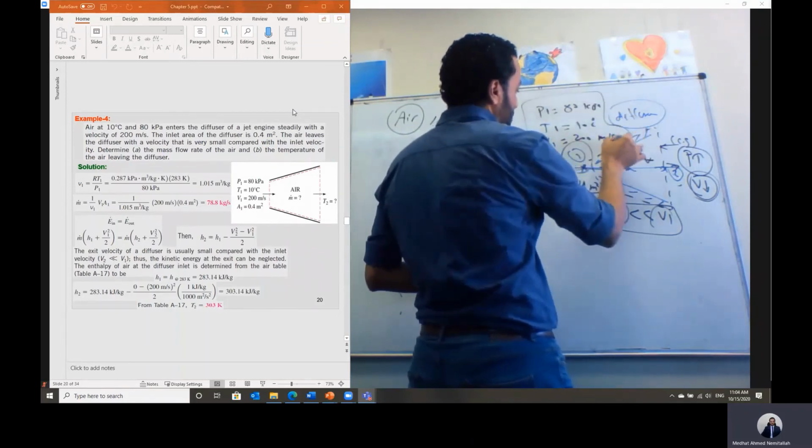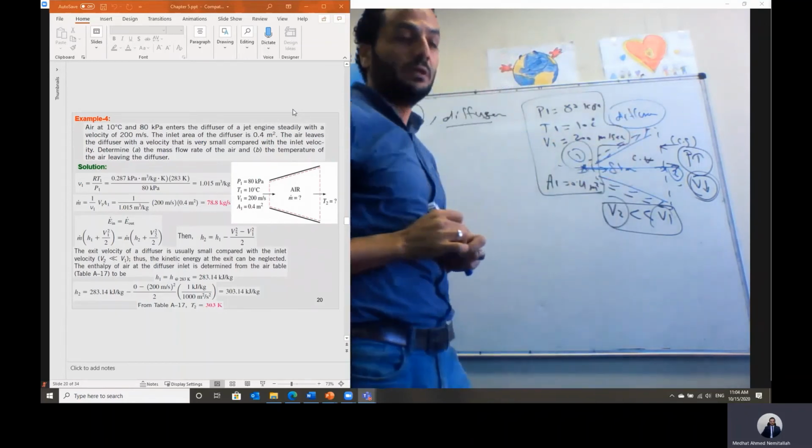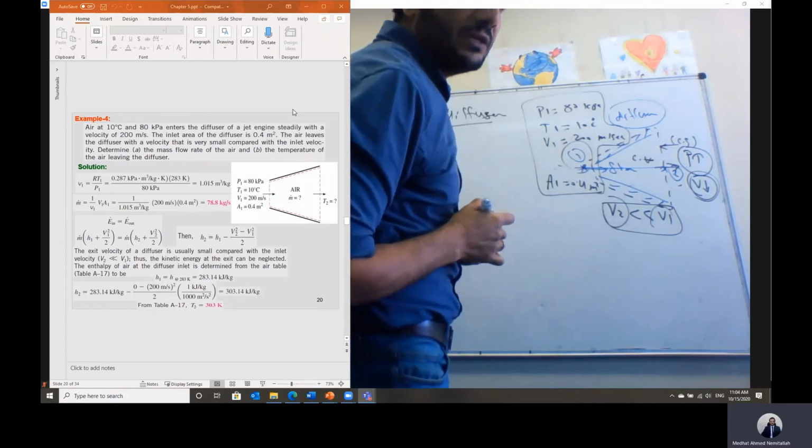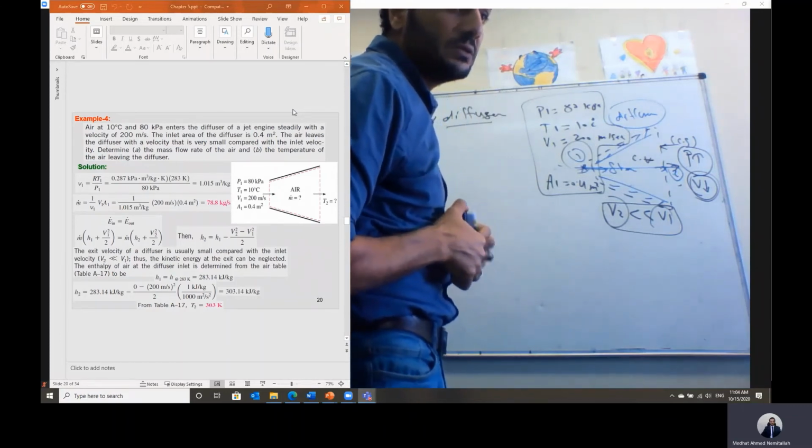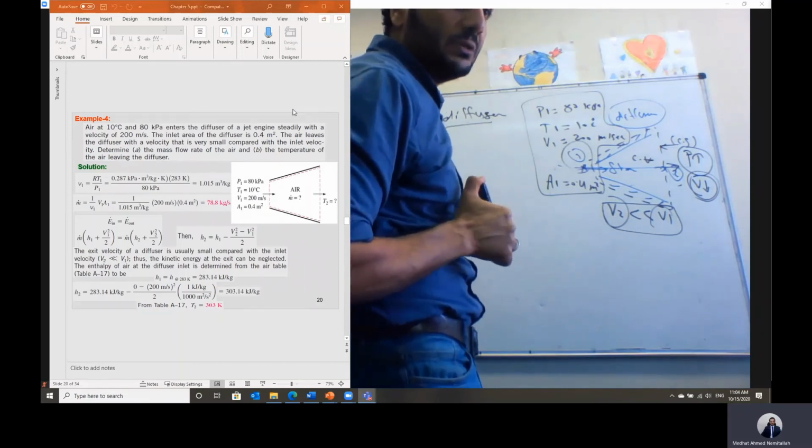Those are the conditions at the inlet section. The flow is decelerating through this diffuser, and the pressure should build up within the system.